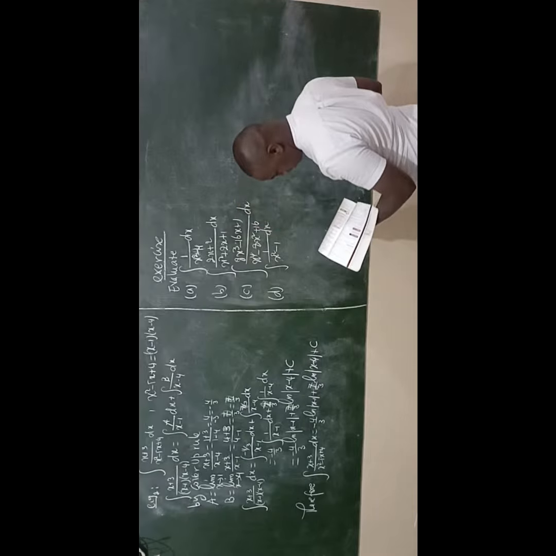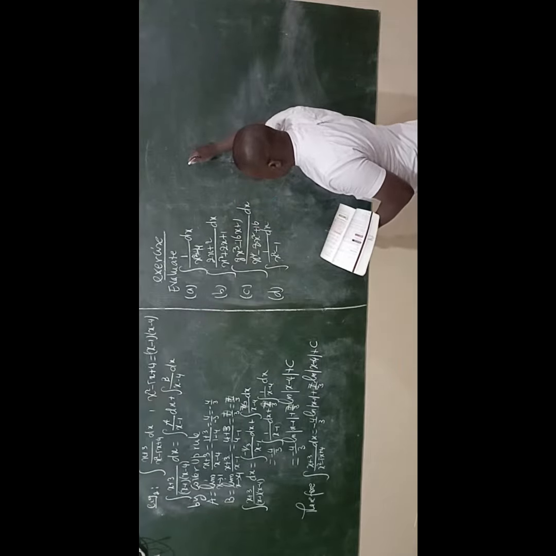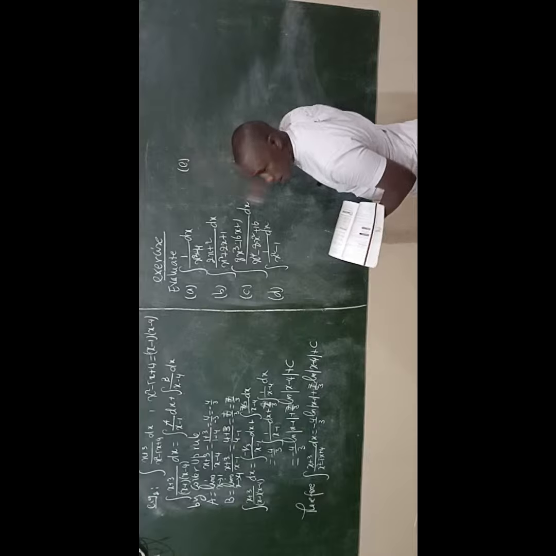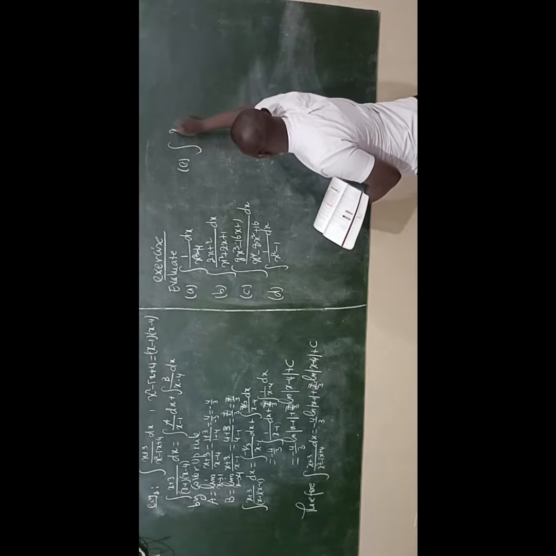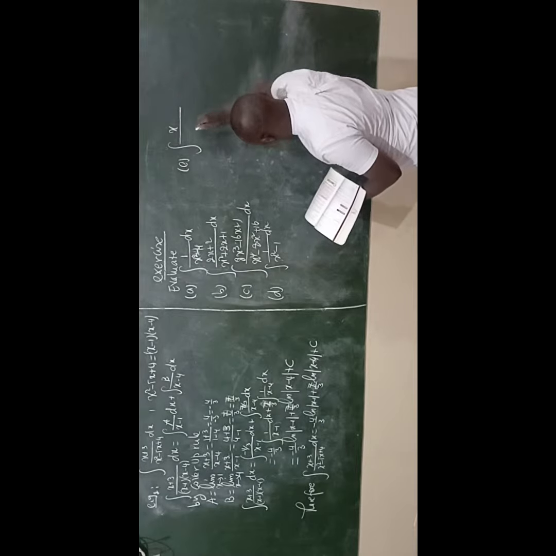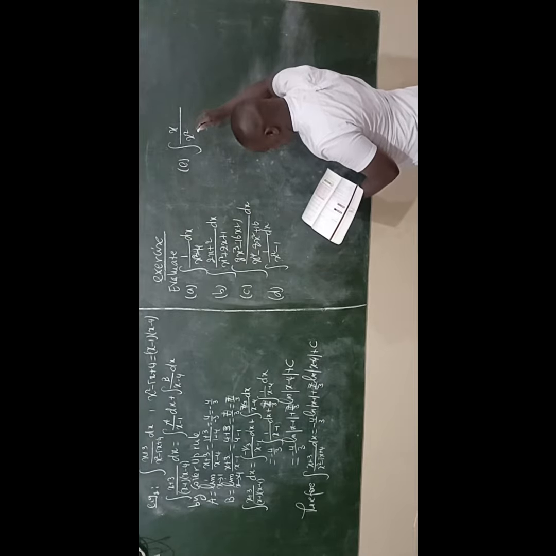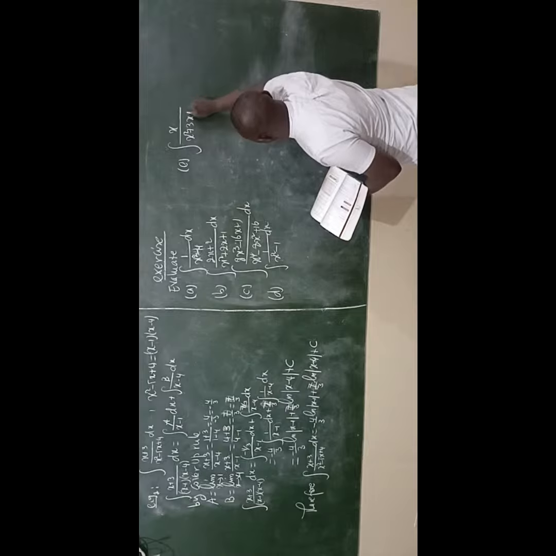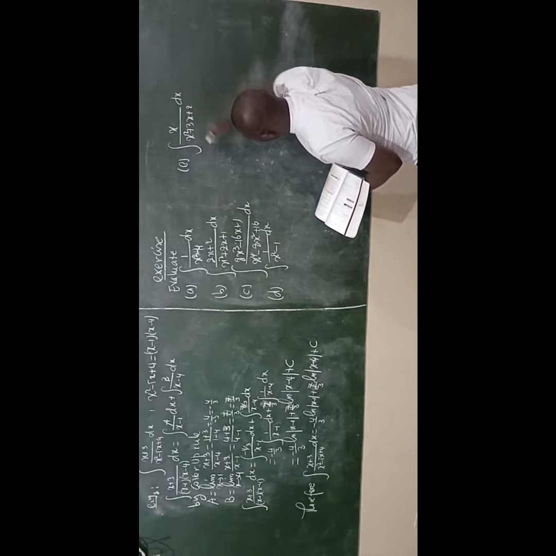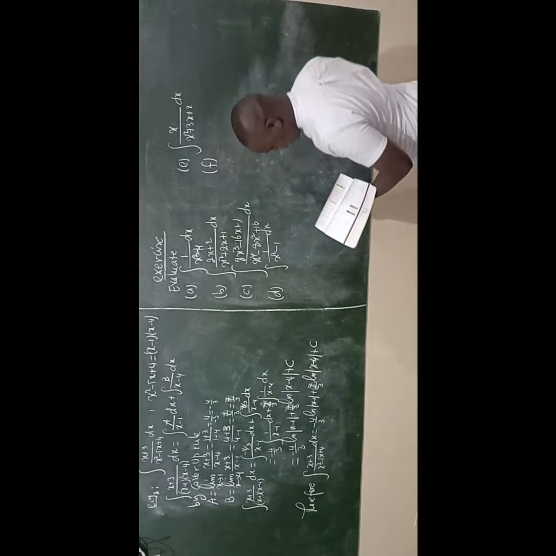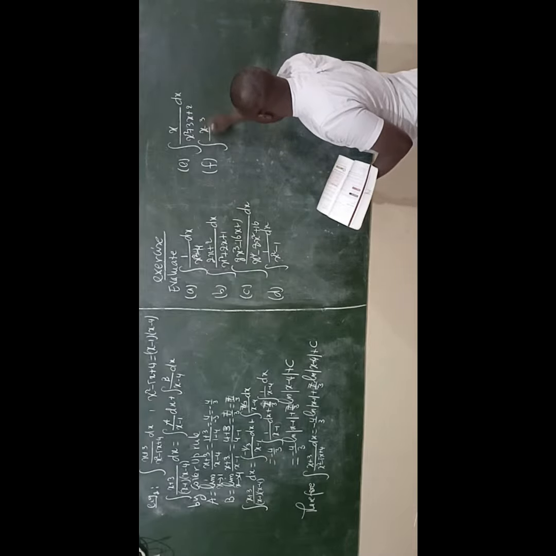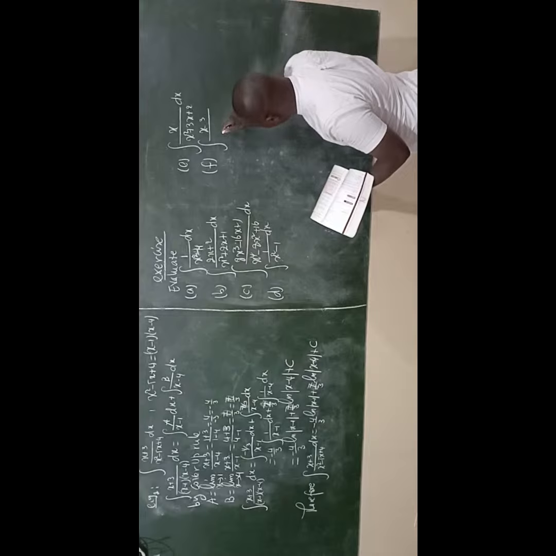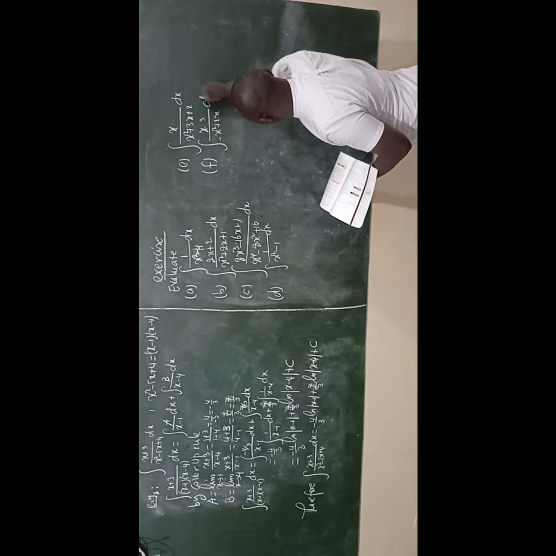Let's continue with examples. E is about the integral of x by x squared plus 3x plus 2 dx. F, the integral of x minus 3 divided by minus x squared plus 2x dx.